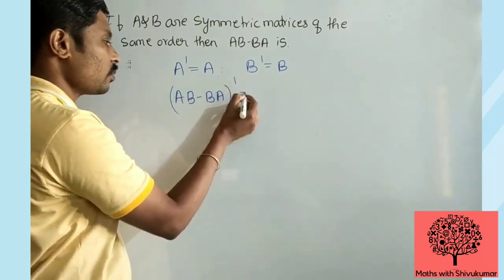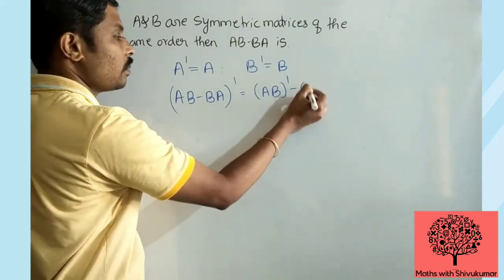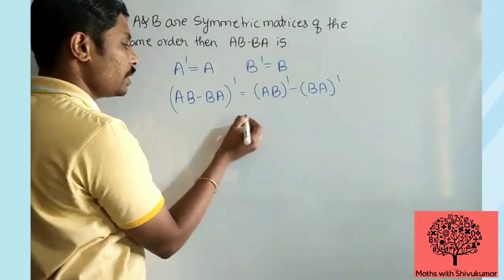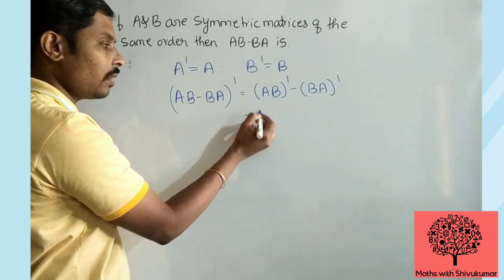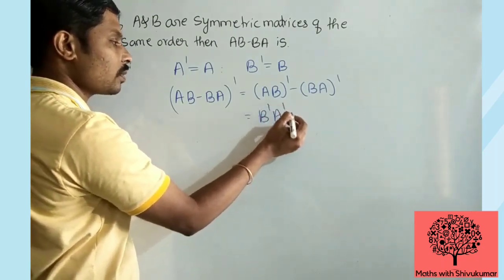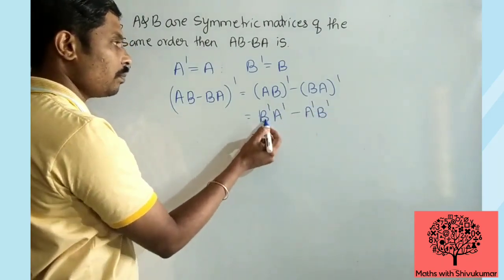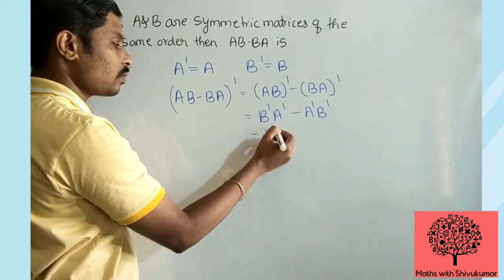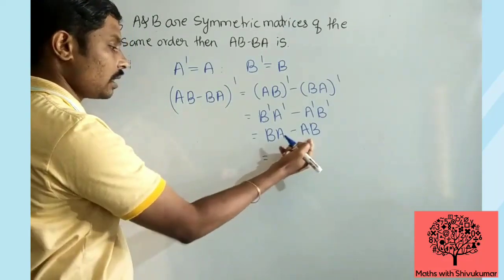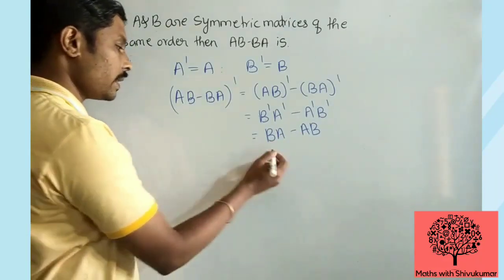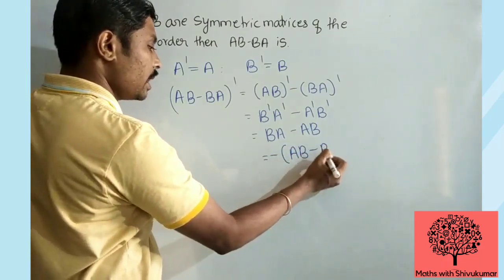It is the transpose of the first minus the transpose of the second. We know the property that AB whole transpose is B transpose into A transpose, since the second element comes first. Minus A transpose into B transpose. But B transpose is B, A transpose is A. Taking minus outside, this becomes AB minus BA.